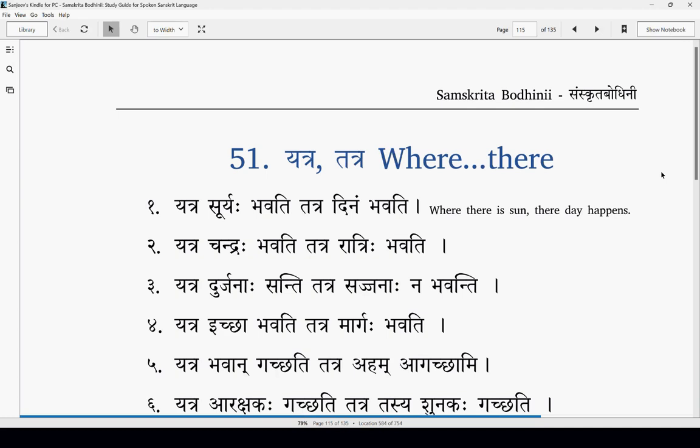Whenever a word starting with ya comes, like yatra, yada, it is mostly paired with the corresponding answer word, like yatra, tatra, yada, tada. Yavat, tavat, like that we are going through these examples.